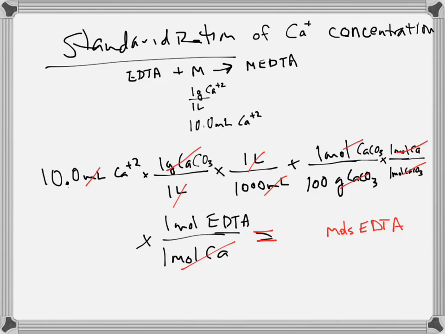Really? Units, concentration? Big M, right? Which equals moles per liter. We've got moles. Where does that per liter come from? How did we get the EDTA added to the solution? Through the burette.